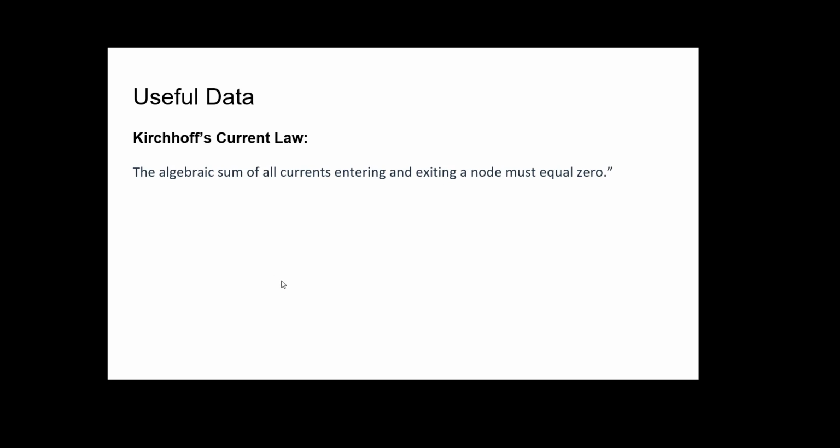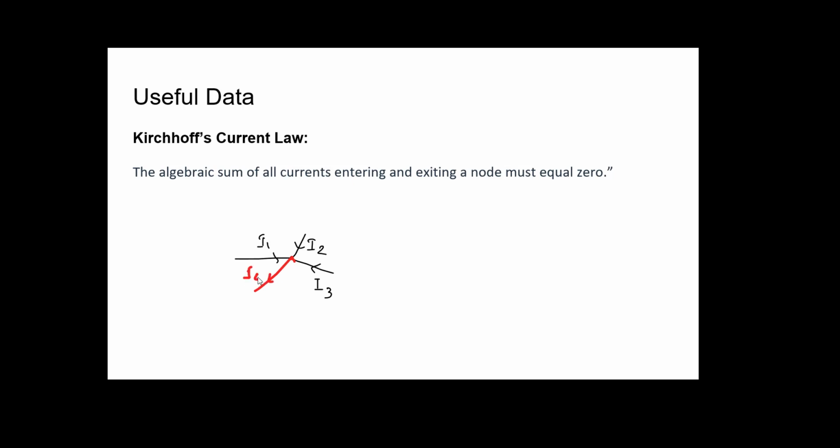According to Kirchhoff's current law, the algebraic sum of all the currents entering and exiting a node must be equal to 0. So consider that you have a node with 3 incoming pathways. I1 is incoming, I2 is incoming, and I3 is incoming. You have 2 paths where current is exiting from this node.